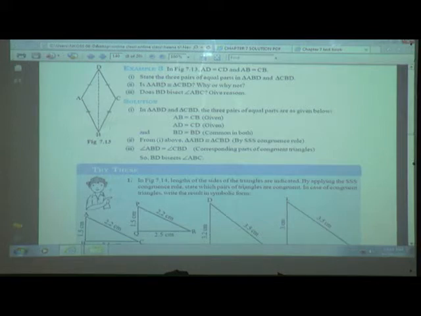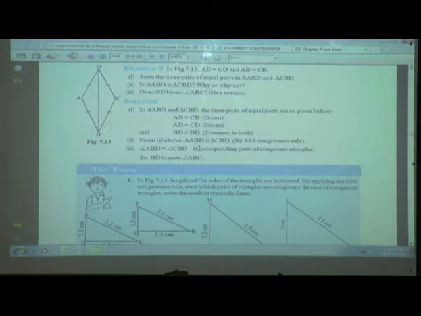State the three pairs of equal parts in triangle ABD and triangle CBD. Is triangle ABD congruent to triangle CBD? Why or why not? Does BD bisect angle ABC? Give the reason. By seeing the figure, we have to answer the given question.